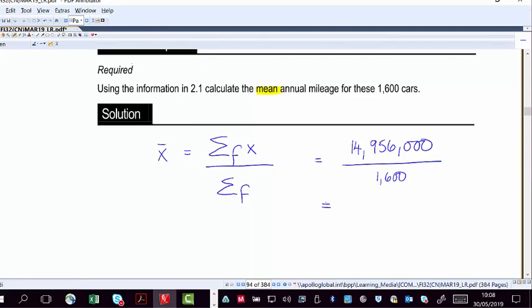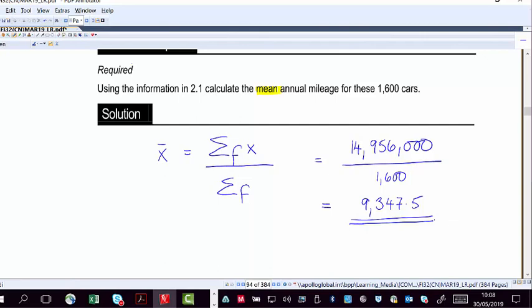That would give us the mean annual mileage for all car owners, which would be 9,347.5. So 9,347.5 is the average number of miles driven by or travelled by all car owners over the year.